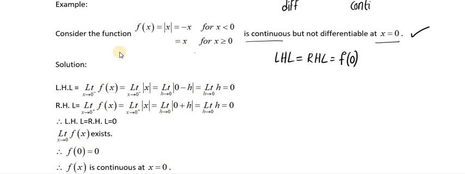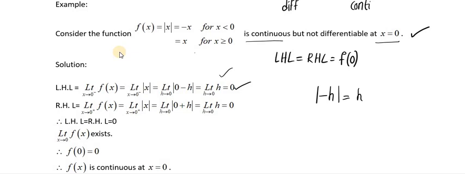Now the limit x tends to 0 minus changes to h tends to 0. 0 minus h means modulus of minus h. Modulus of a negative quantity is h only. If I substitute h equal to 0, then we are going to get 0 as LHL.